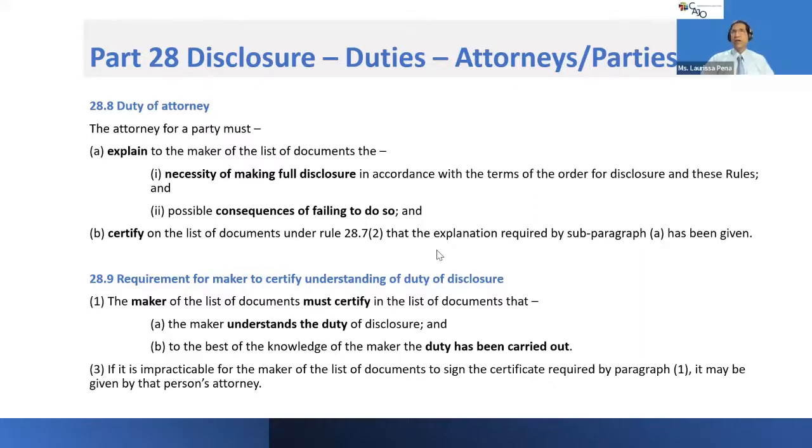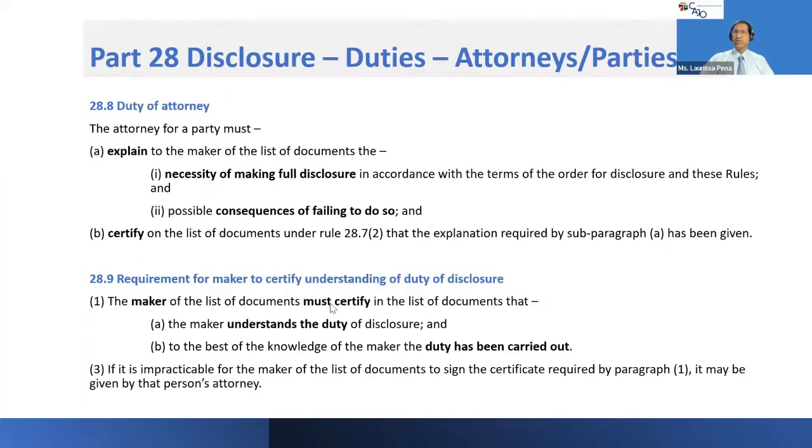Yeah, thank you. Very important to note is the duty of attorneys and parties. Attorney has certain duties, 28.8, to explain the necessity for making full disclosure and the consequences. What we want to tell you is this. You have to certify the list of documents.